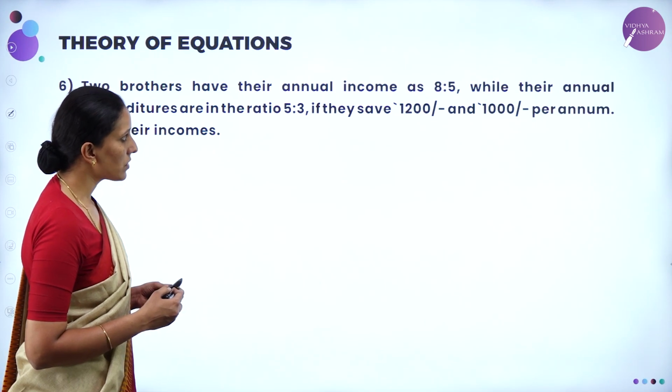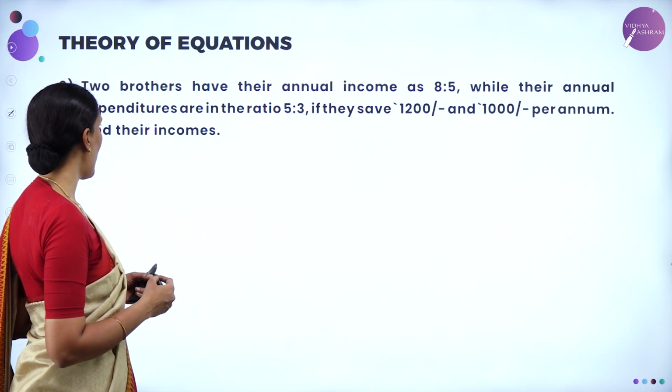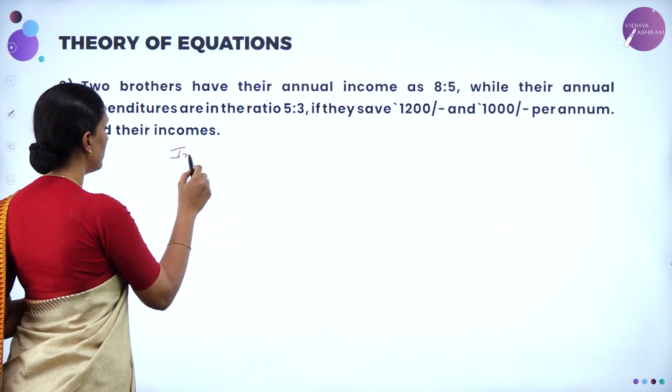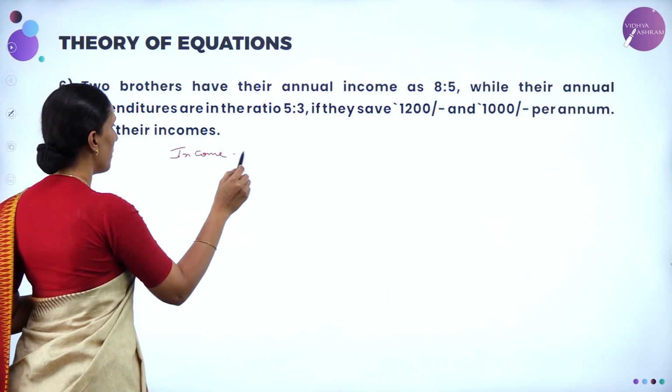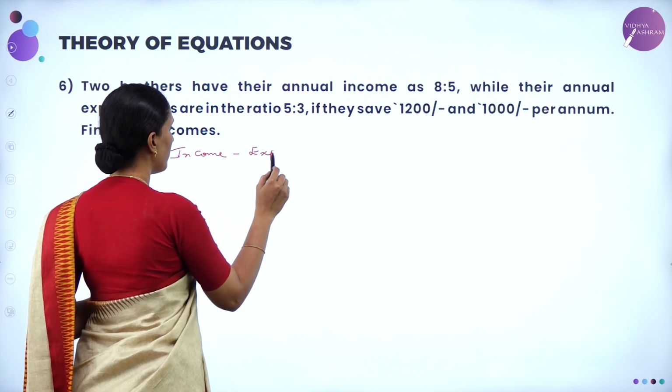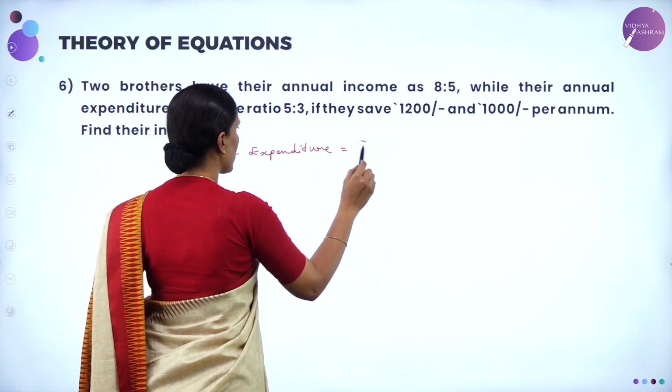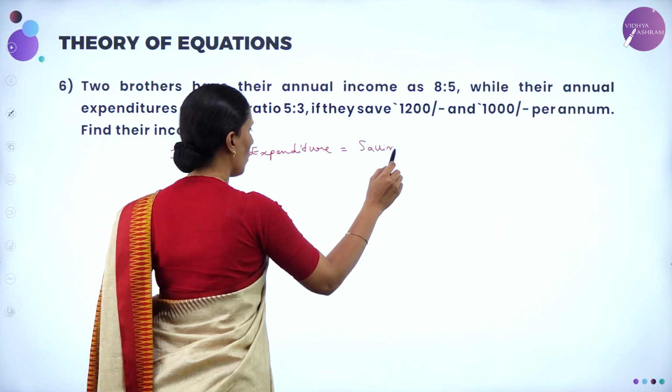If they save 1,200 and 1,000 per annum, find their income. So we know that income minus expenditure is equal to savings. It's a basic thing we all know.